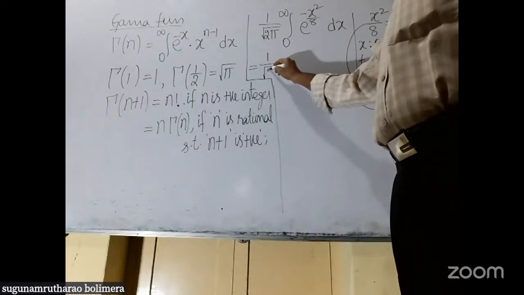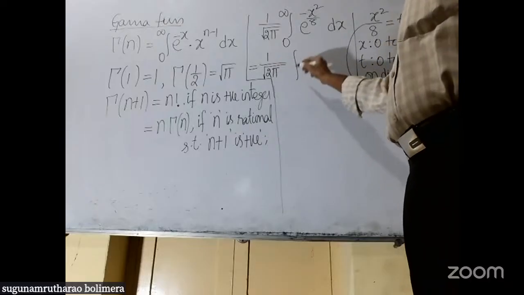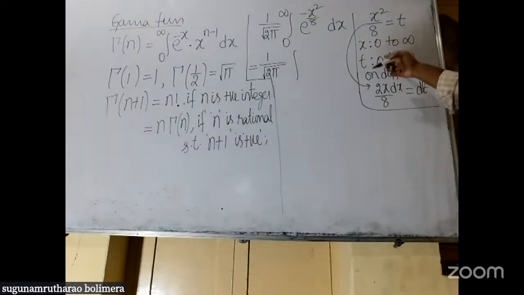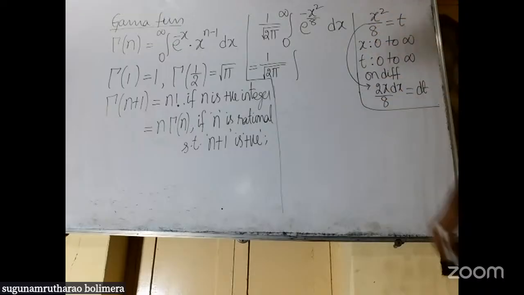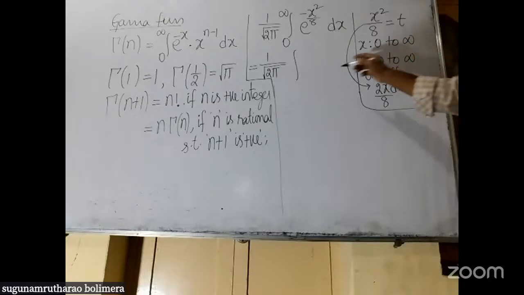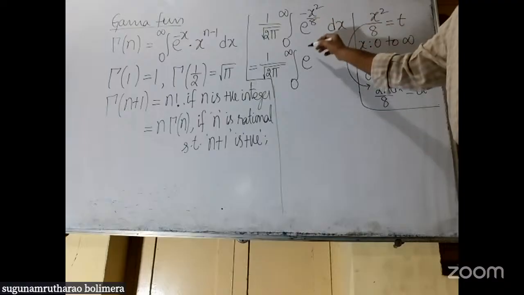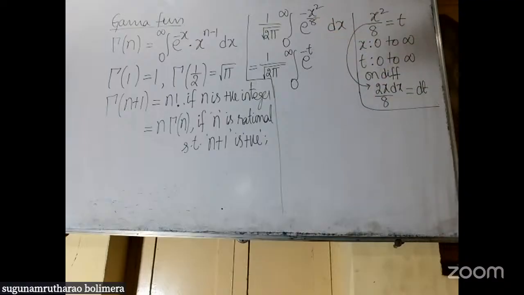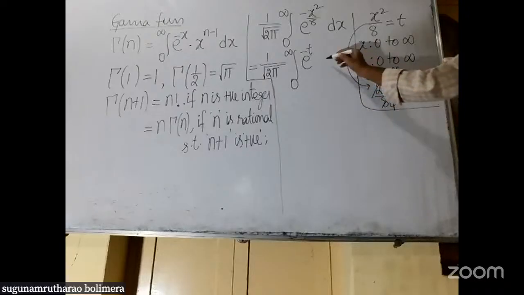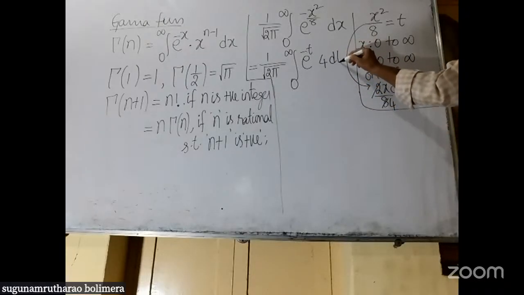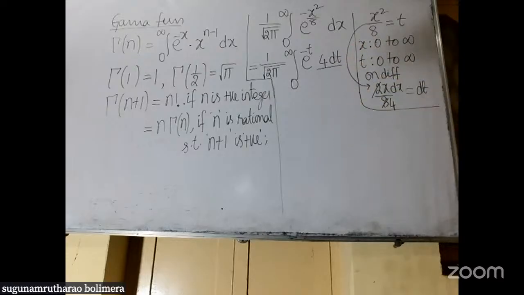1 by root 2 pi. When x limits from 0 to infinity, when x is 0, t is also 0. When x is infinity, t is also infinity. From 0 to infinity, e power minus t. And dx is 4 dt by x.